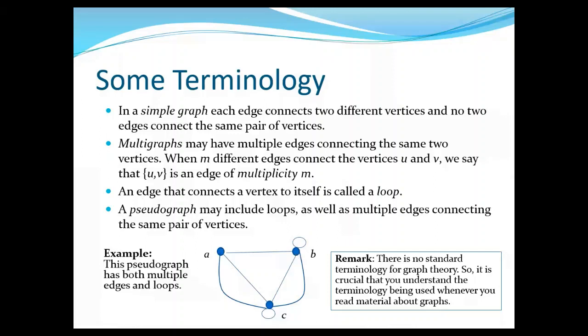Okay, and if you're going to have a graph that includes loops and multiple edges, we call it a pseudograph. So the difference between multigraph and pseudograph is that a pseudograph has a loop, a multigraph doesn't have a loop. Okay, so that's the difference between the two.